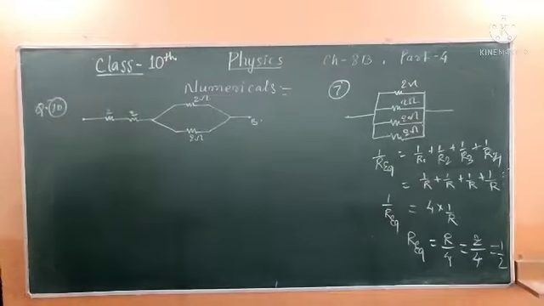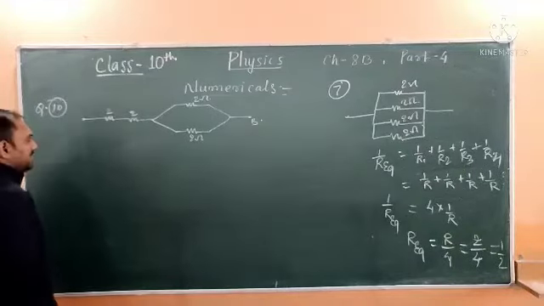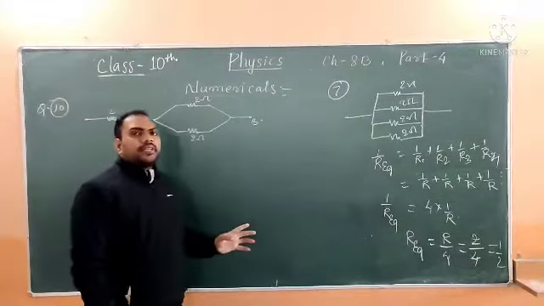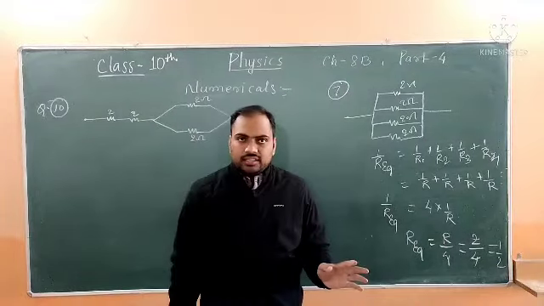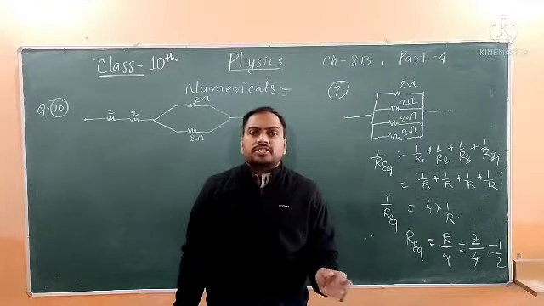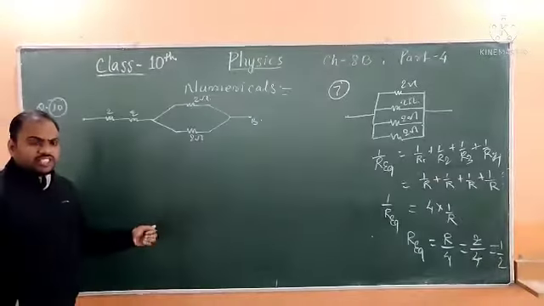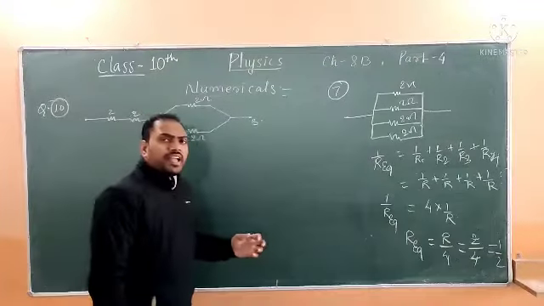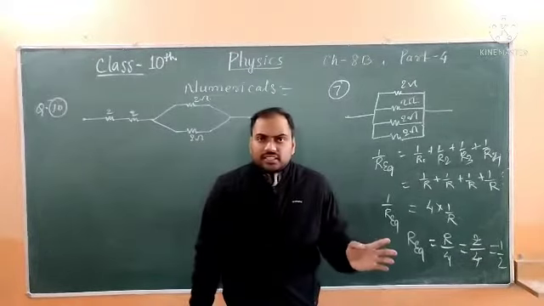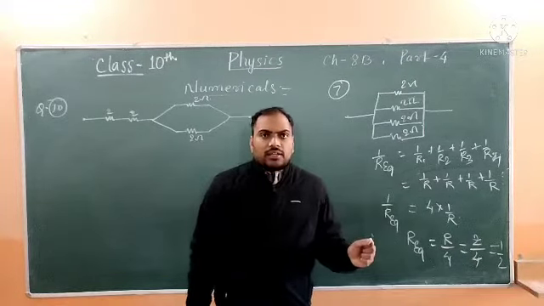So it is asking about equivalent resistance. Do you understand? It is a combination of series and parallel. This question is an example of a combination of series and parallel, because some resistors are in series and some resistors are in parallel.